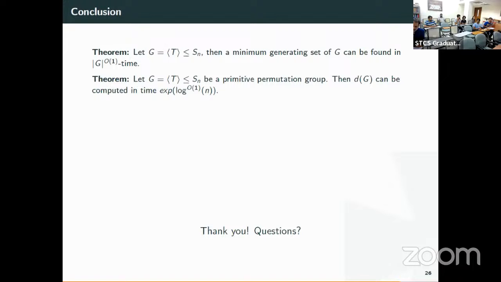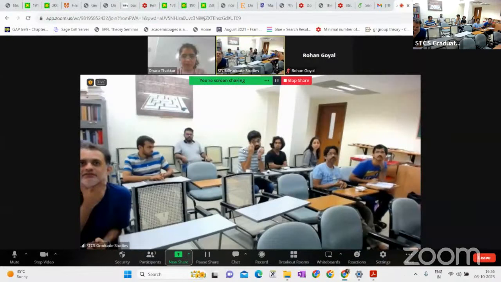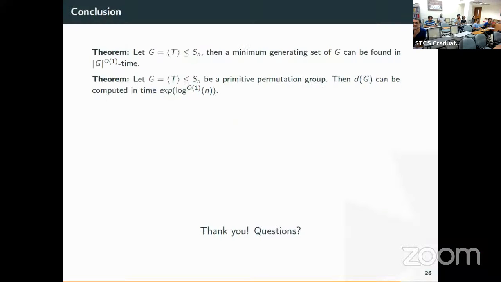Any questions, anyone? I have a couple of questions. In the permutation group setting, if someone gives you a purported minimal generating set, a subset of generators, and claims that this is a minimal generating set for your group, is that even verifiable quickly?